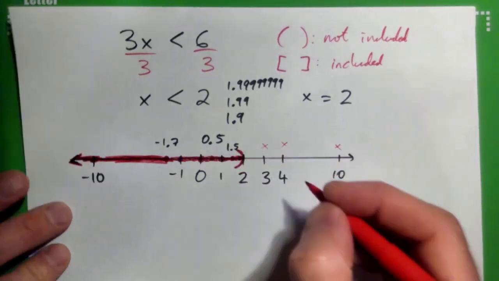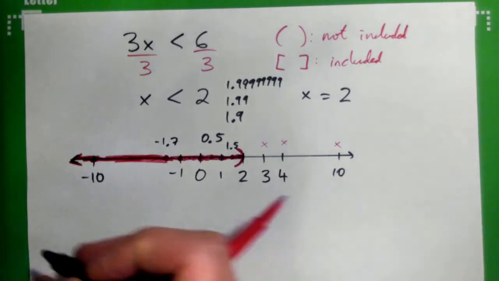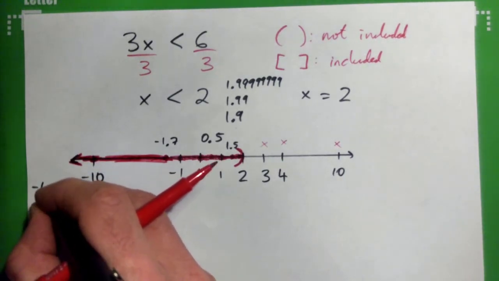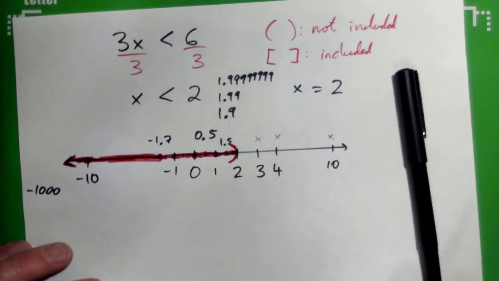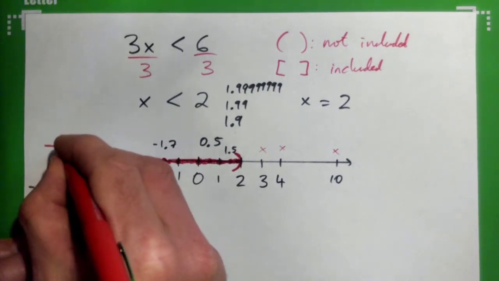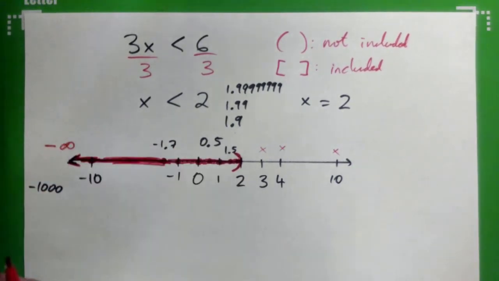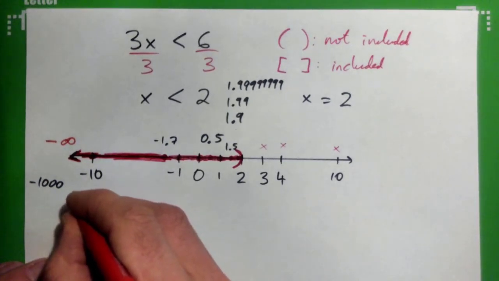And the whole thing goes all the way to what's the smallest number we can think of? How about negative 1,000? Is there something smaller than that though? Yeah, you can go all the way towards negative infinity. You'll never get there because you can't get to negative infinity, but you go towards that in that direction.